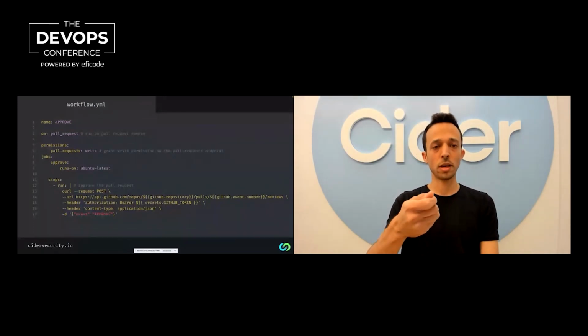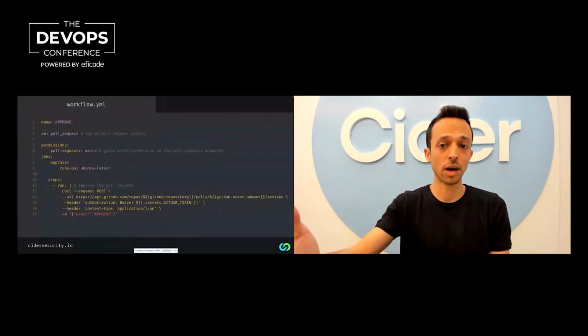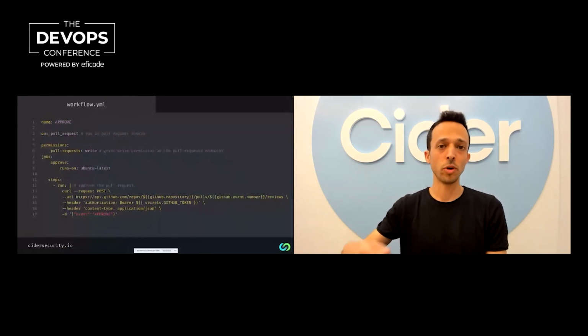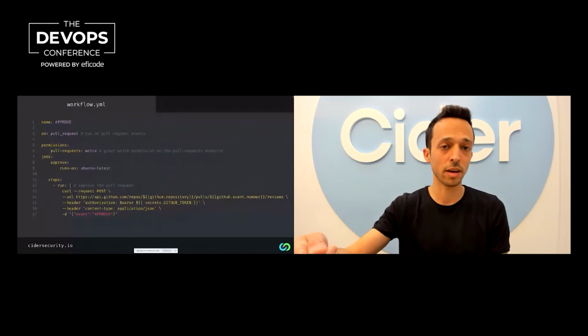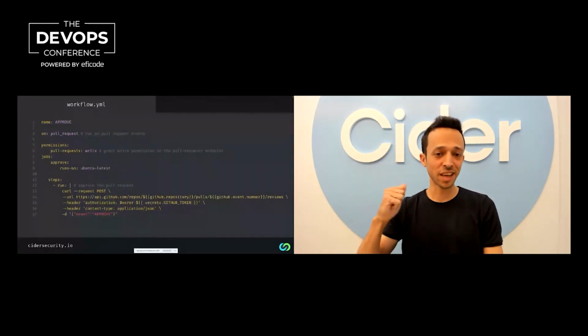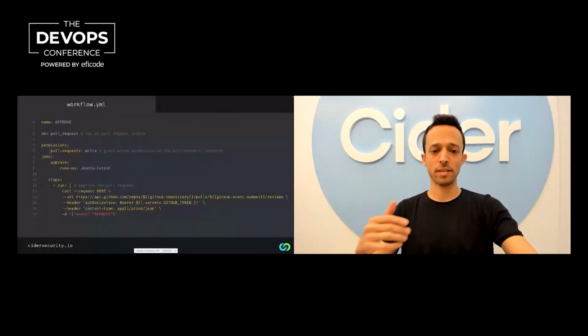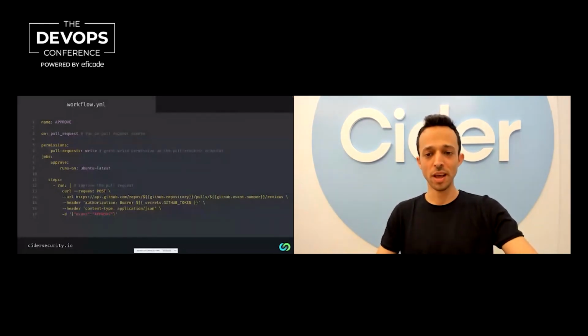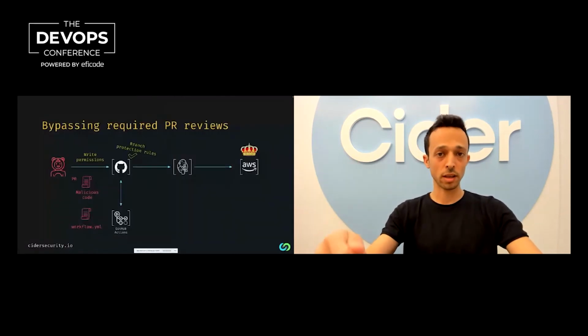So you can see at the bottom of the file that the actual command which will run as part of the workflow is to access the pull request endpoint in the GitHub API and approve the pull request that triggered the workflow from the beginning. It's a big mess, right? Let's see the actual attack flow. The attacker creates a pull request with his malicious code and a YAML workflow configuration file.